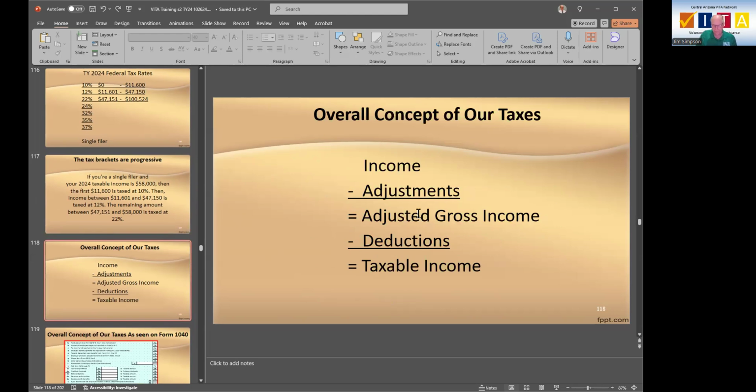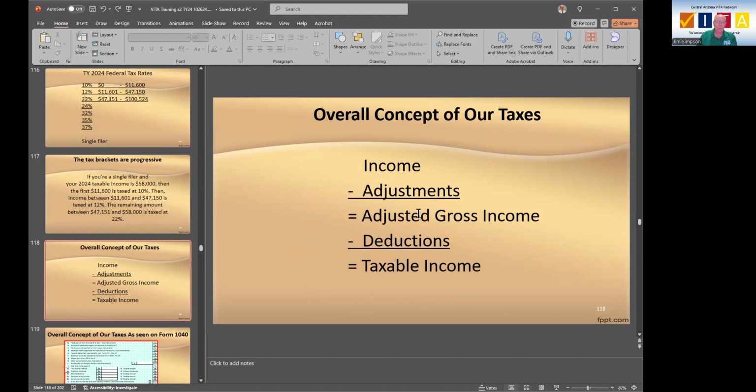Okay, now we're going to really start talking about income. And let me give you here's the basic formula for income, the overall concept. You look at income, and first of all, I'm going to tell you that anything that makes you better off is considered income. Keep that in mind for a minute, because I'm going to come back to that in a little bit.